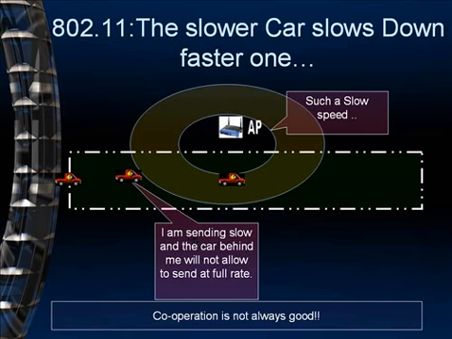As you can see, I'm sending slow, and the car behind me will not allow me to send at full rate. Cooperation is not always good. That is the basic idea about this slide, you can say. So you should not cooperate all the time. They are cooperating, and because of which they are losing a lot of data.